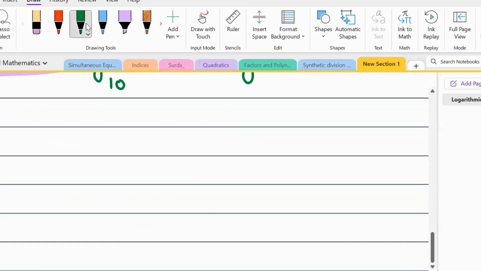For example, the question is: convert from exponential to logarithmic form.